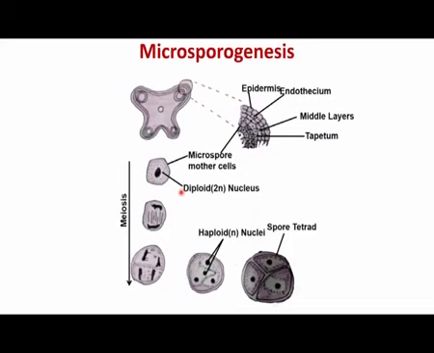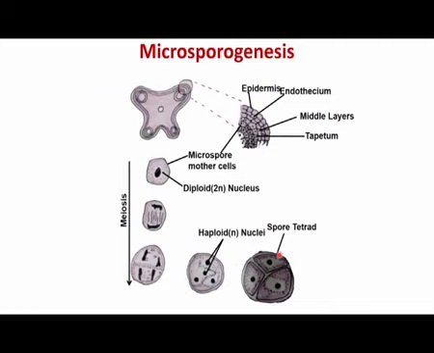Through the process of meiosis they segregate the nuclear content, and ultimately they are going to have 4 haploid nuclei. These 4 haploid nuclei then go for cytokinesis, and because of that cytokinesis it develops microspore tetrads, which contain the 4 pollen grains enclosed within a single cell wall.